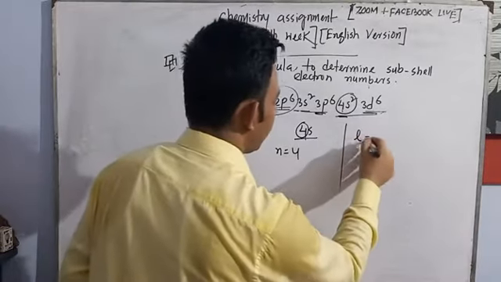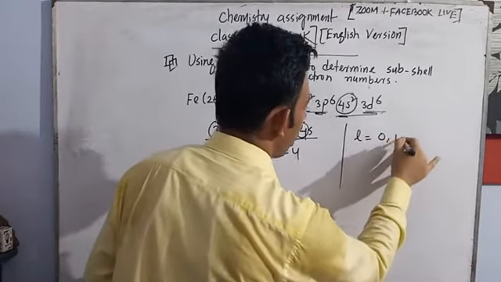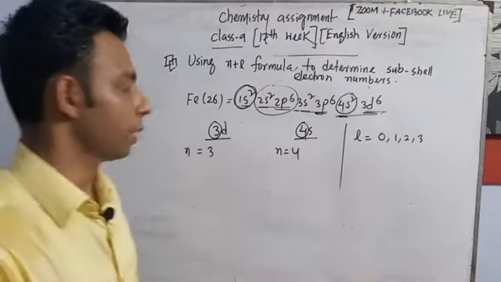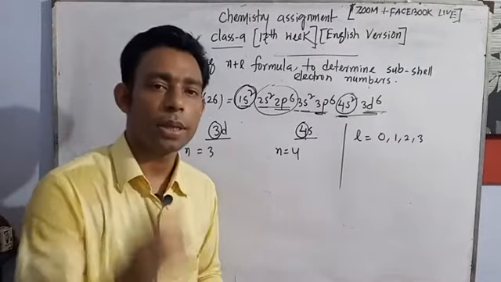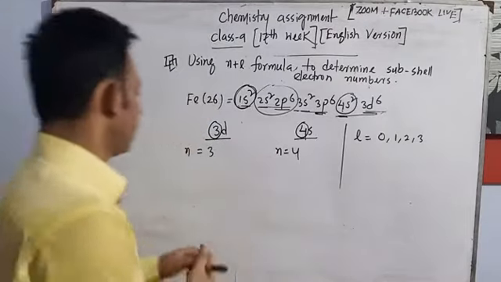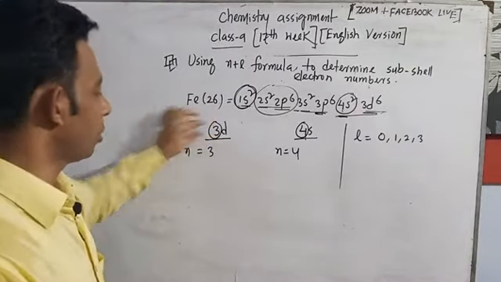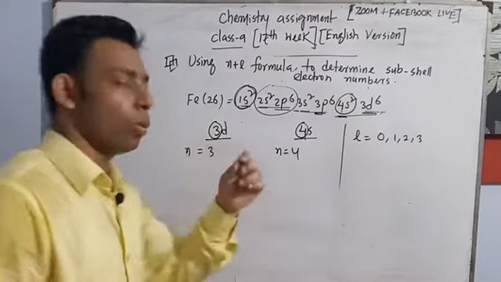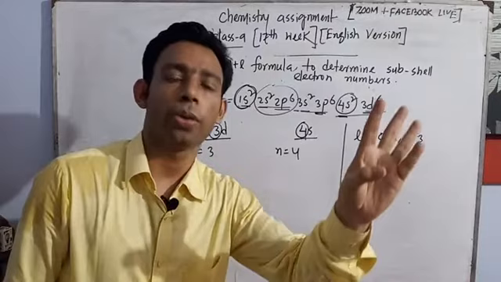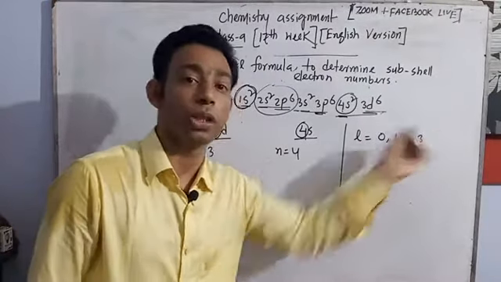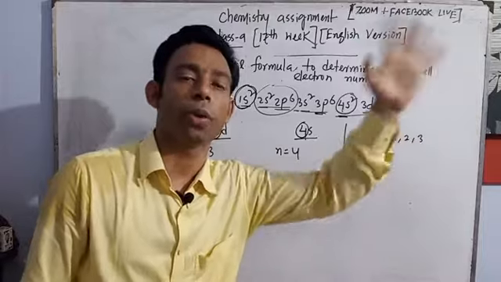The L value starts with 0, 1, 2, 3. N equal to 3, we have no confusion about that, this 3 and 4.